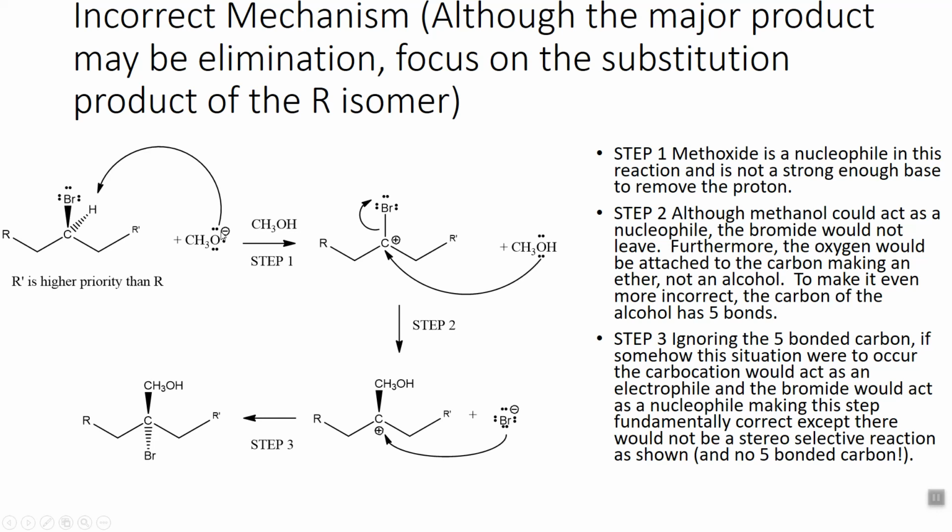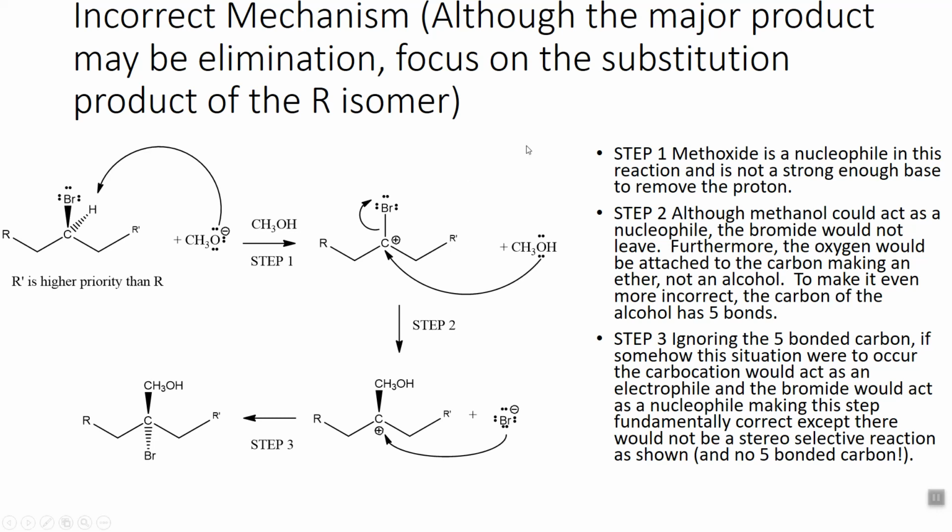In the first step here, we see this methoxide deprotonating the molecule here. Now, even if this was an elimination, which I'm specifically told not to focus on, this is not the proton that would be eliminated, right? You have to eliminate a proton over here. So this proton is not going to come off with the addition of methoxide. So step 1 is fundamentally incorrect.